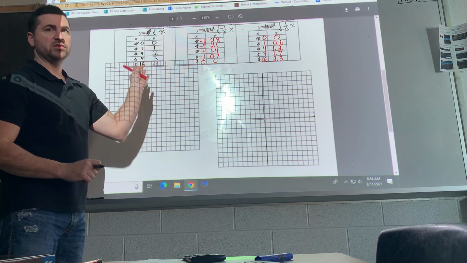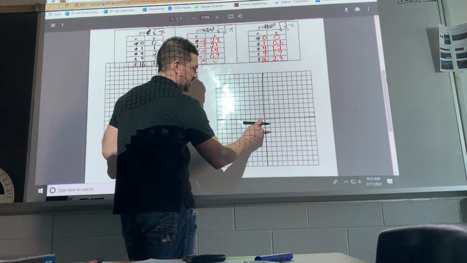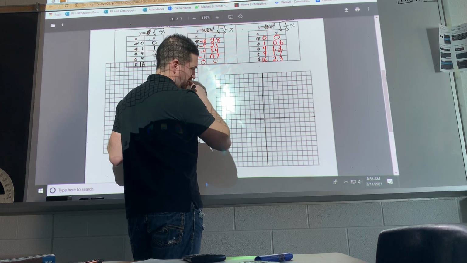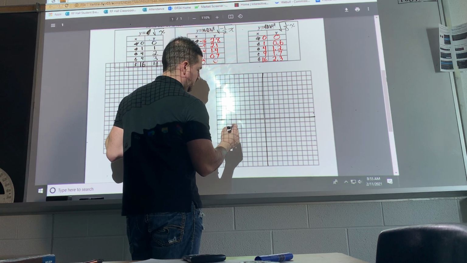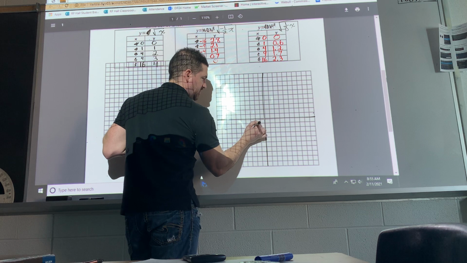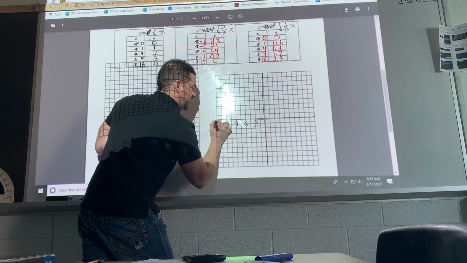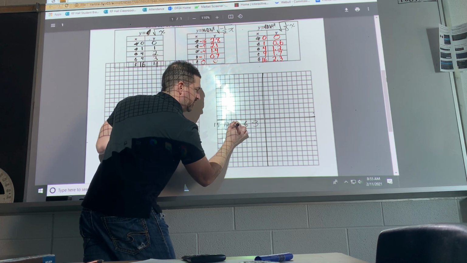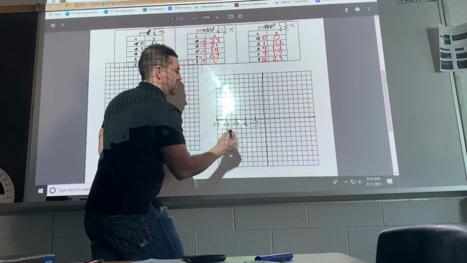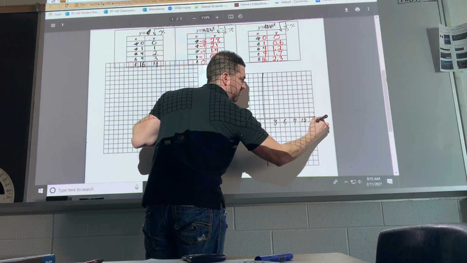So my x values go from +15 to -15. So let me see. I'm going to go up by 3s, from 3, 6, 9, 12, and 15, negative, and 3, 6, 9, 12, 15 this way.